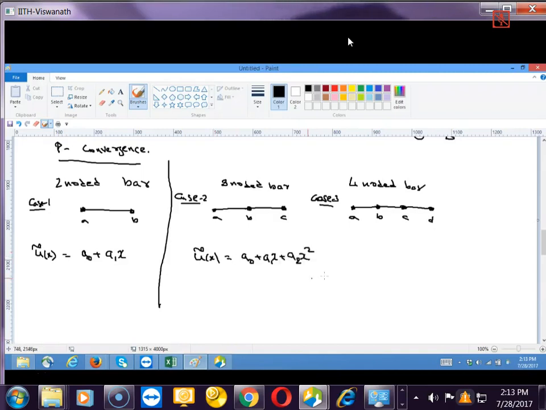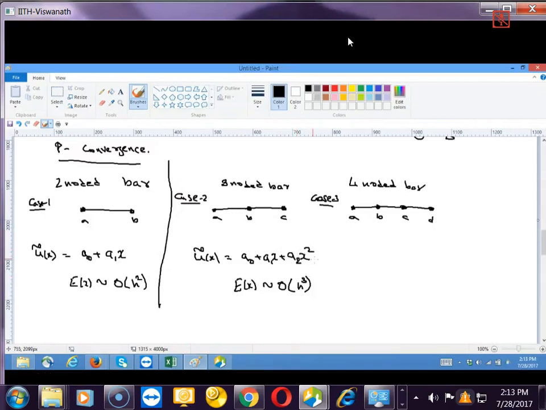Here error would be of the order of h square. Here error would be of the order of h cube, because you have chosen x to the power of 0, x to the power of 1, x to the power of 2. Out of the universal set, the next lowest power is x to the power of 3.